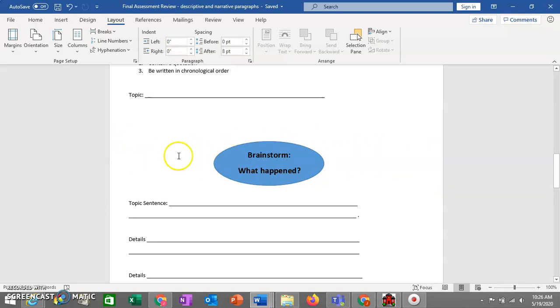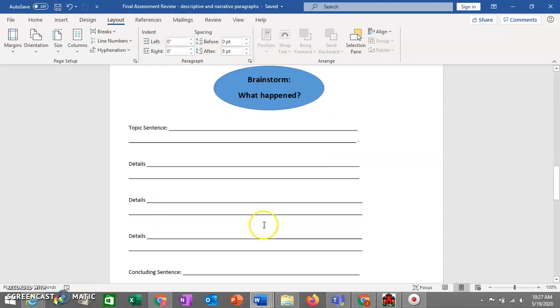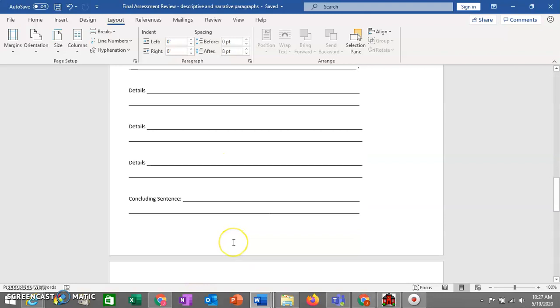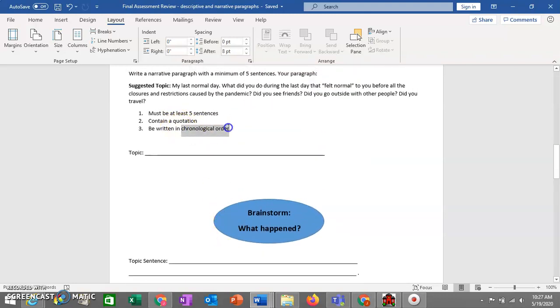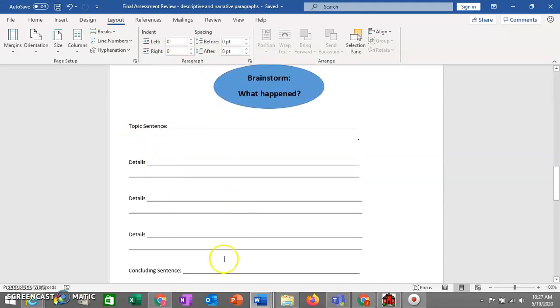So for people that tell a story well, they have it sort of planned in advance, or at least they have an ability to structure their work so that the audience can follow along. Okay, so brainstorm the different events that happen. And then when you're writing your paragraph, put them in chronological order, right? Remember, chronological order means in the order that the events happen. So if you go in order of time, that's going to organize your paragraph and make it easier to understand.